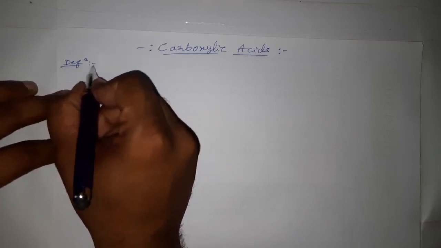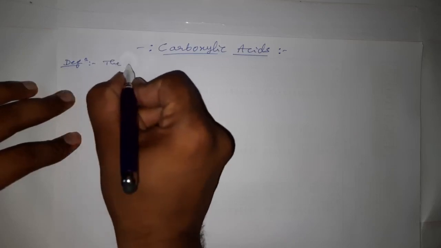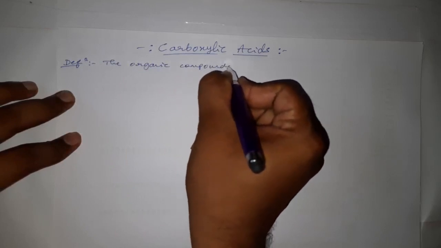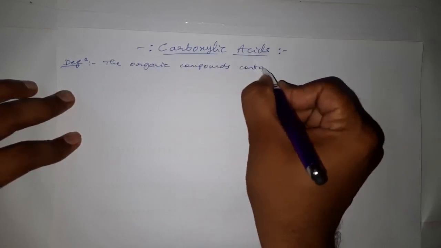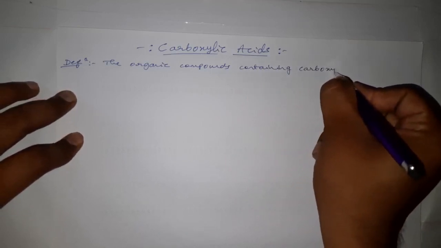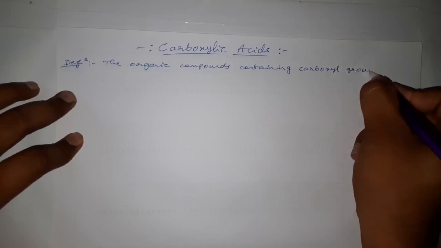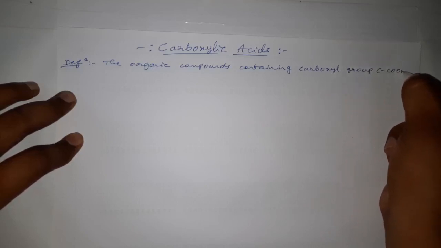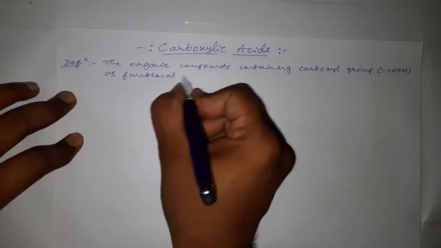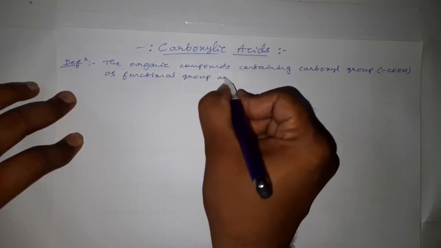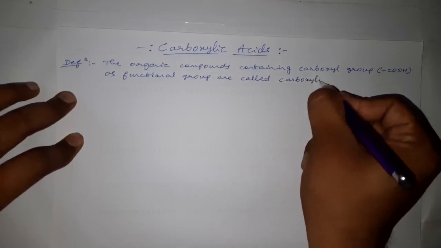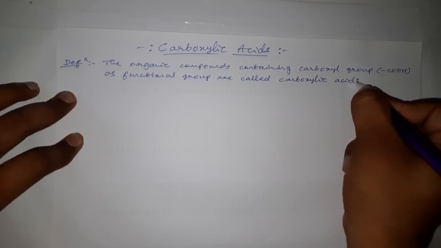The definition for carboxylic acid is like this: the organic compounds containing carboxyl group, that is COOH group, as a functional group are called carboxylic acids.